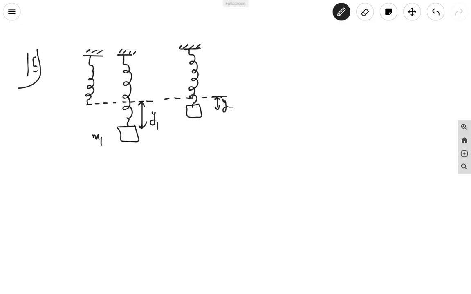So we want to check how much Y2 is if we hang M2 on the spring.